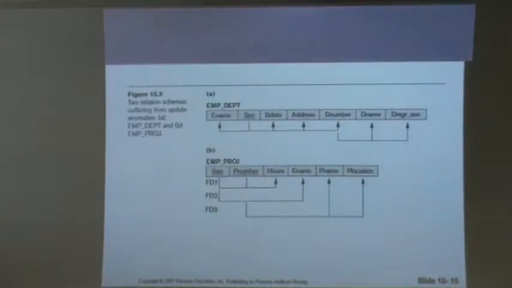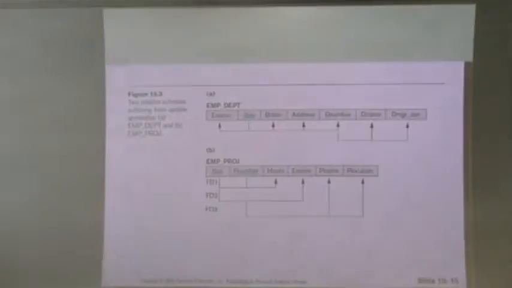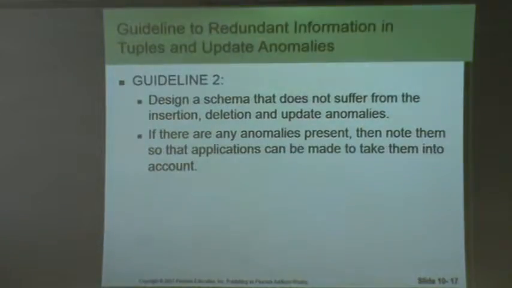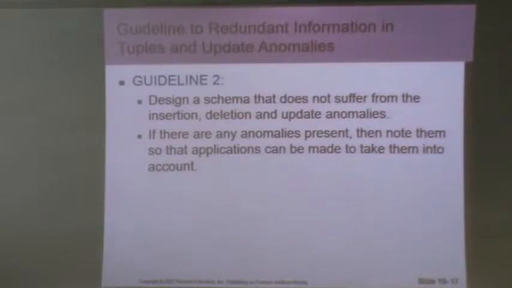How? Segmentation. How can we segment? We will see later. Because we have the redundant information, when we delete, update, insert, it will be a big problem. So the second guideline is no anomaly when we are doing the database operation.